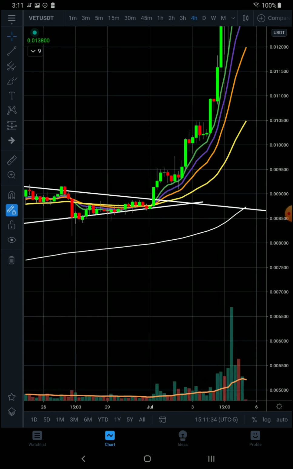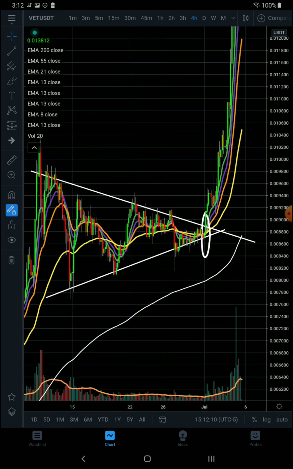And then if you actually drew your supports and your resistances out there, what you're getting is a beautiful symmetric triangle that really did want to break up to the upside, and that's precisely what it did. That symmetric triangle made this little apex in this particular region, and we got a massive breakout to the upside.